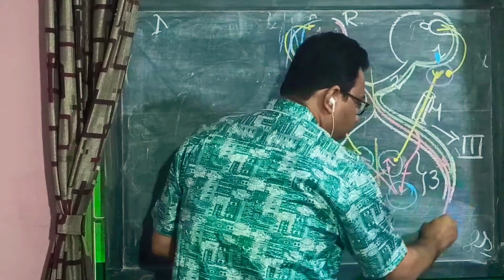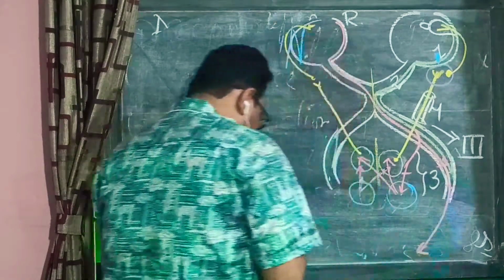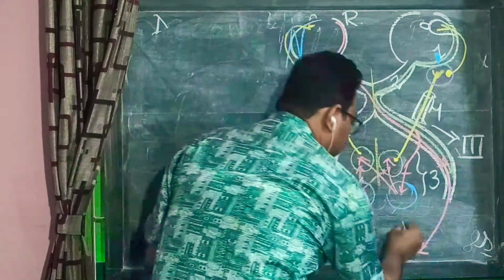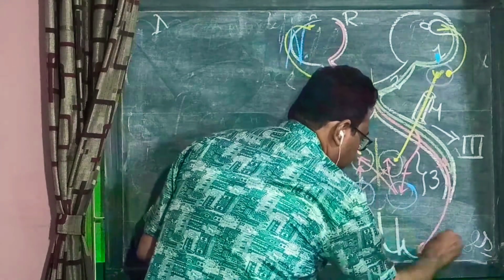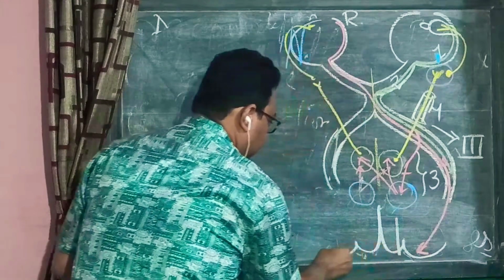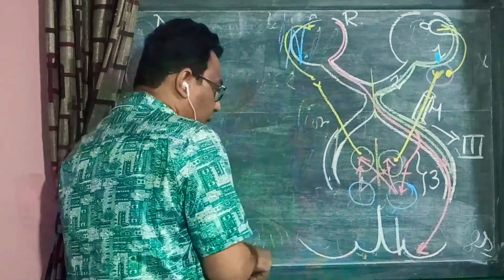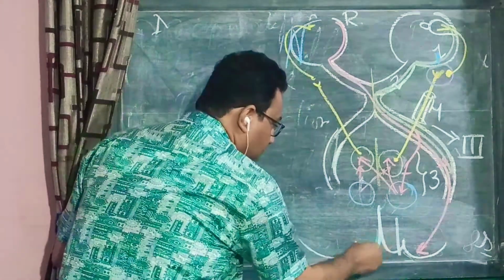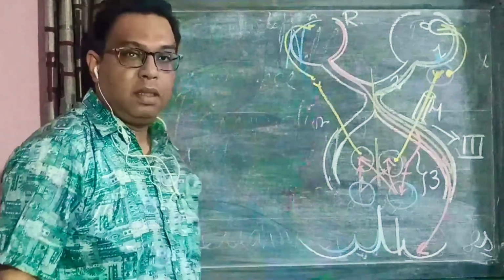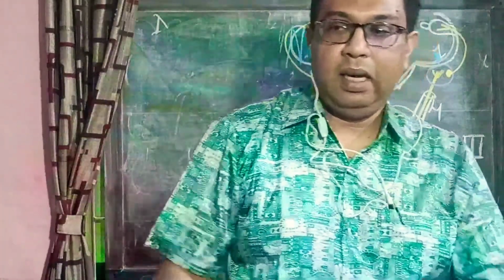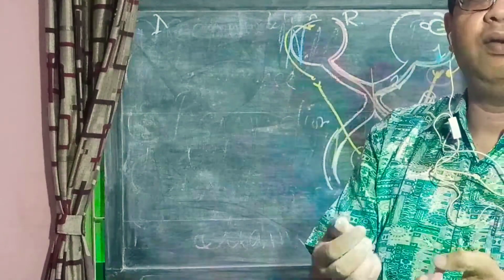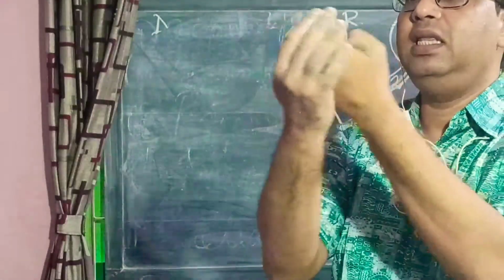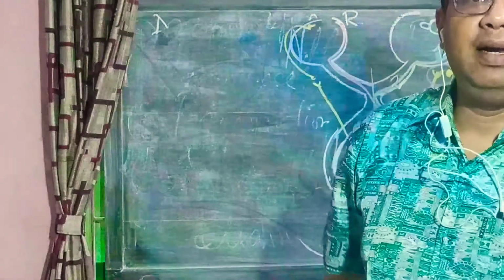So, the signal will come to the cortex, it will be processed in the cortex, areas number 17, 18, 19, and the cortical processing will sense a difference in the two retinal images.